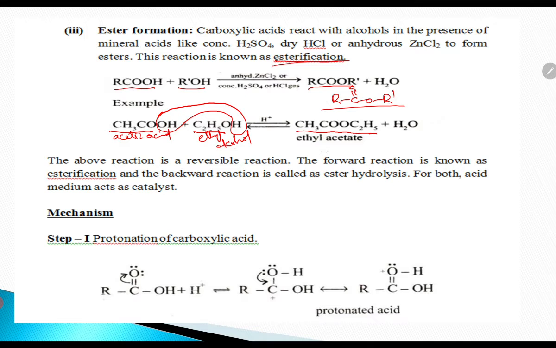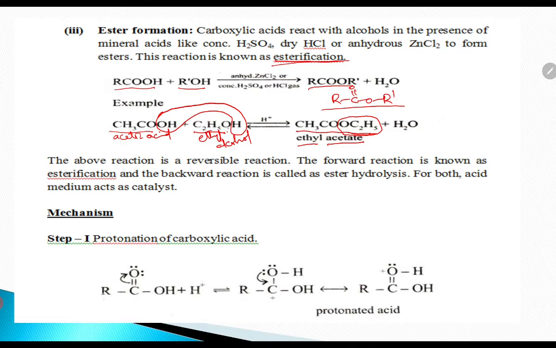See here, ethyl alcohol is reacting with acetic acid, CH3COOH. The ethoxy group is substituted in acetic acid, in the place of the OH of acetic acid; OC2H5 is substituted. Therefore it is called ethyl acetate.